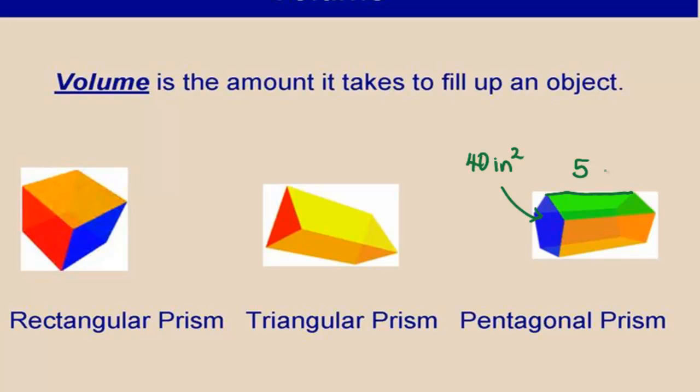And would you say inches squared, or inches cubed for a length? Should be just inches, right? So what would be the volume then? We want to multiply the area of the base times the height. 4 times 5 is 20, and then you need to put this other 0 down. And what's inches squared times inches? Inches cubed, right? That ends our introduction to volume.